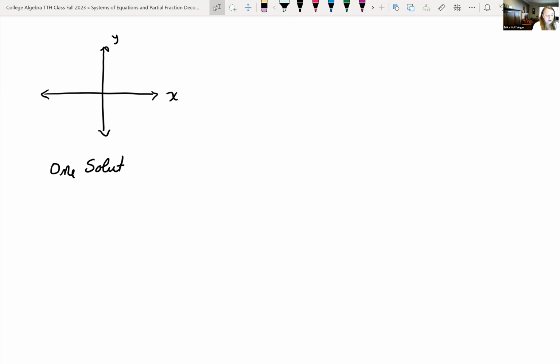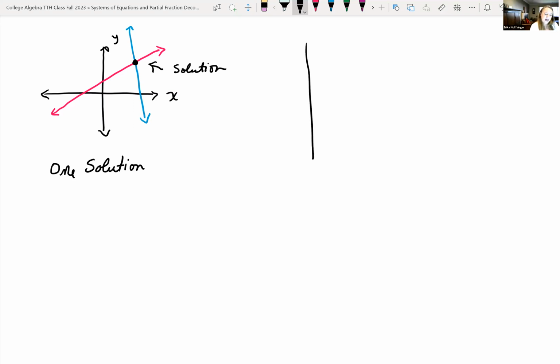Graphically, if there's just one solution, your graphs are intersecting in one spot. Here's an example of what something might look like. The spot where they're intersecting is your solution. You could have a system where you have no solutions.